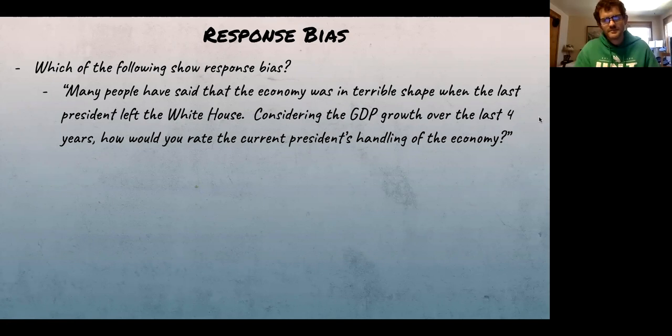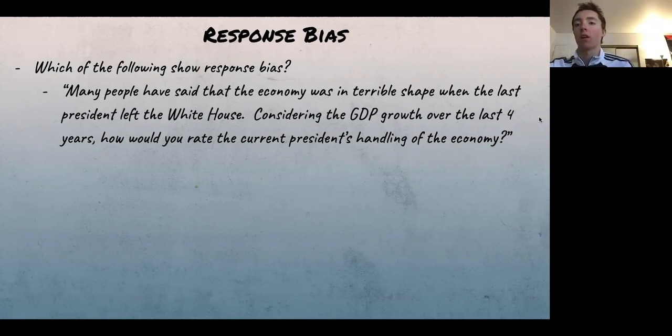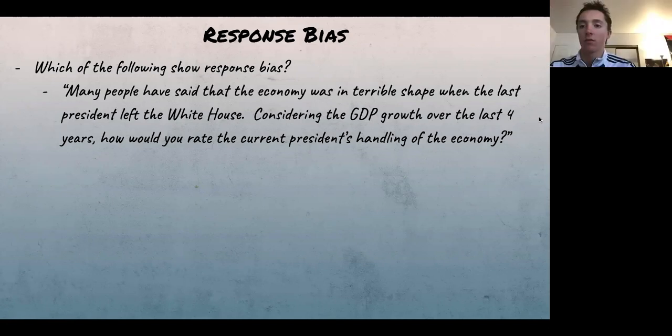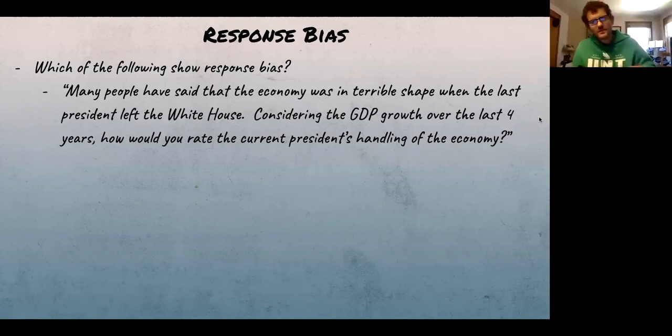They say that people thought that the economy was in terrible shape, and then they just immediately continue to ask the question. So people are more geared to say that the president is not handling the economy well. And yeah, there's definitely bias there. Maybe the way that you'd be led to answer this is, well, if the last president left it in terrible shape, but we've seen growth over the last 4 years, maybe the current president's doing a good job.